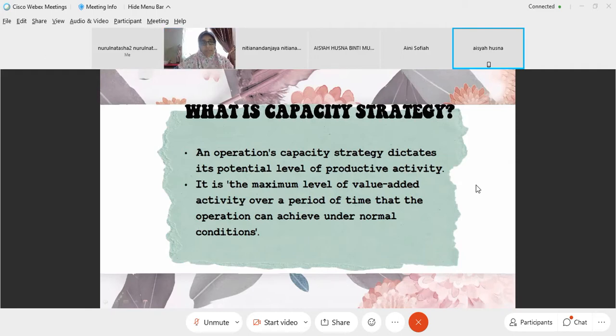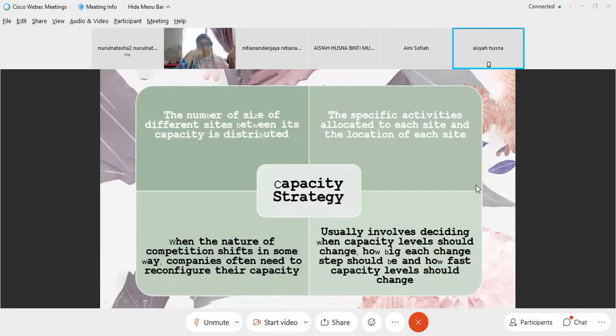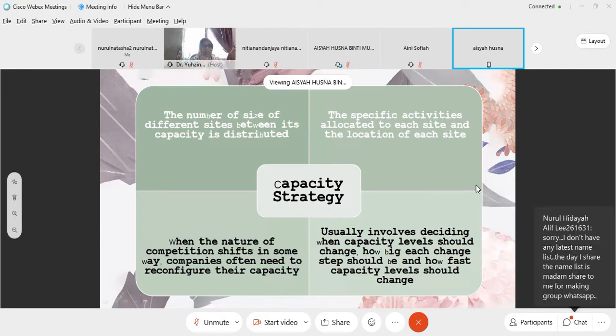It is the maximum level of value-added activity over a period of time that the operation can achieve under normal conditions. The capacity strategy of an operation defines its overall scale, the number and size of different sites between which its capacity is distributed, the specific activities allocated to each site, and the location of each site.